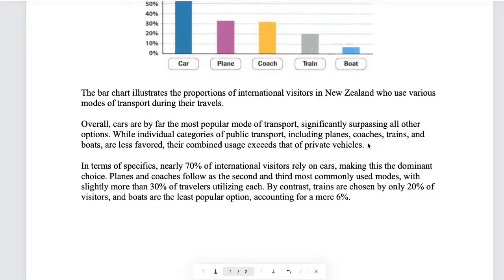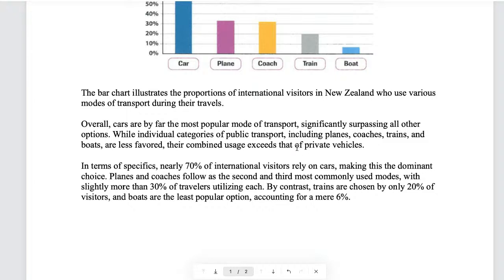Why individual categories of public transport? So here I'm trying to say is why each type of public transport is not in favor of visitors, but when we combine them all together, we still can see that the public transport proportion is higher than the private one, okay?